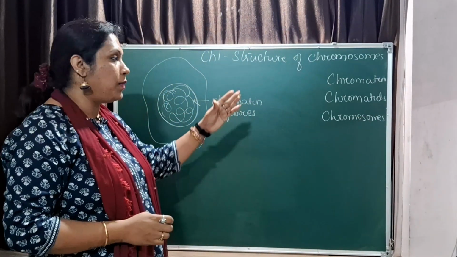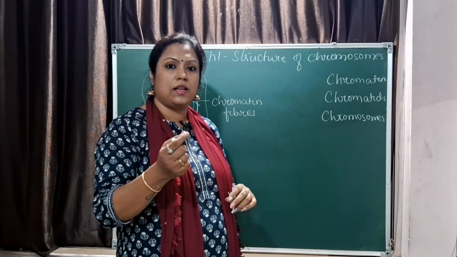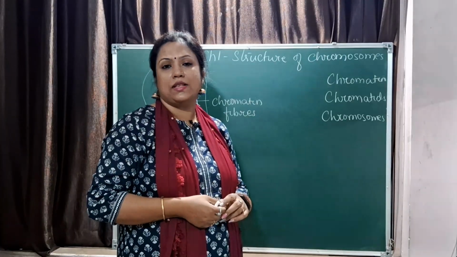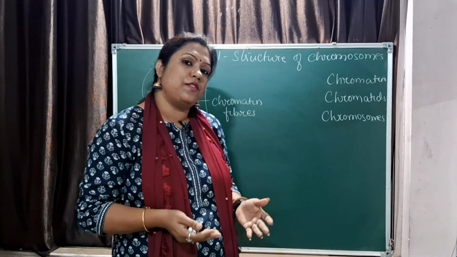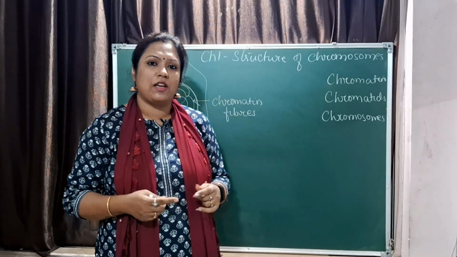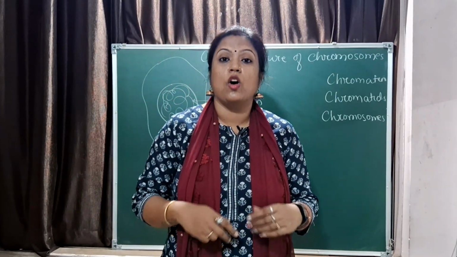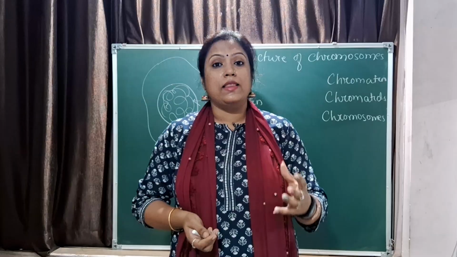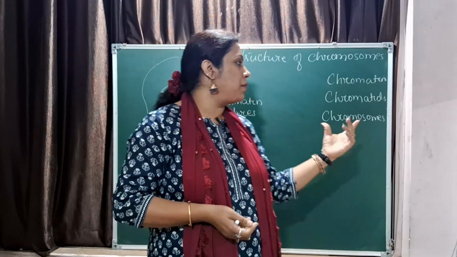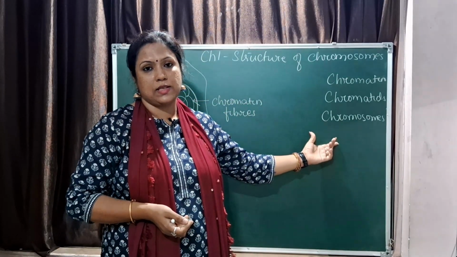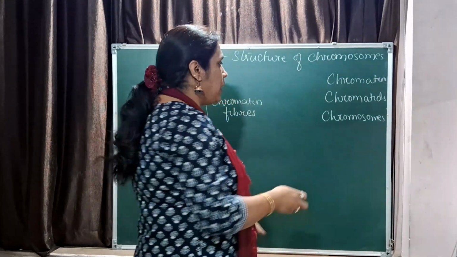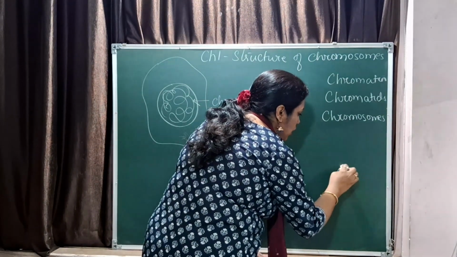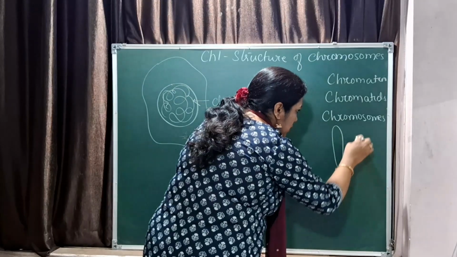Now when you talk about chromatin, chromatin is a thin thread-like structure present in the nucleus. When the cell undergoes cell division, the chromatin fibers duplicate or multiply, and then they condense to form a chromosome. Is that clear? And then you have certain things called chromatids. Now if I say chromosomes, chromosome structure is this.